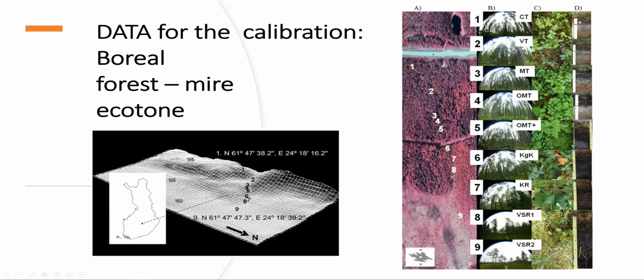And when looking at the soil profile data, we can see that the thickness of the organic horizon also increases from these well-drained forests to peatlands. So the darker these images, the more carbon. So there is more carbon in peatlands, like 10 times or more than in upland forests.